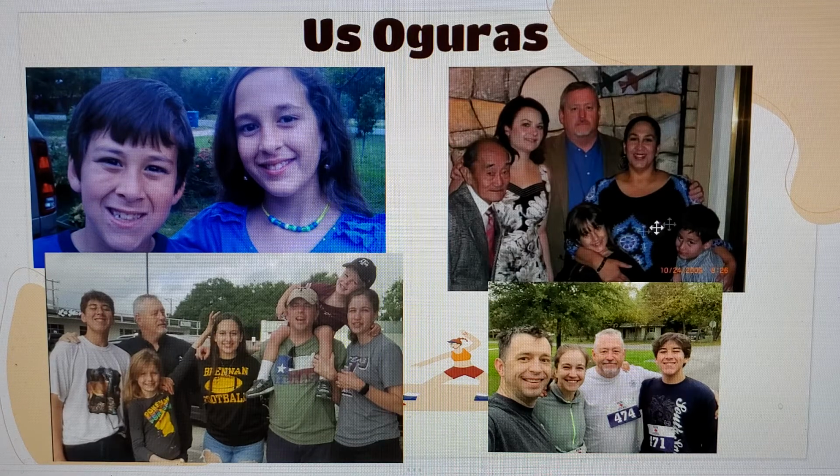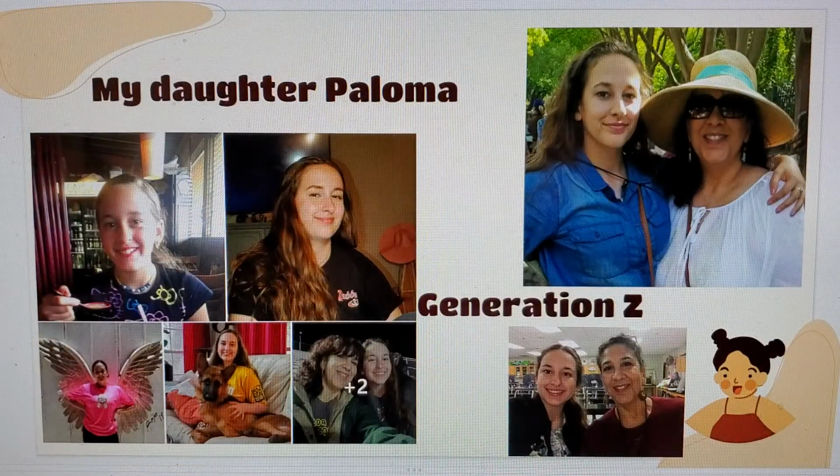And then again, this is my kids when they were younger. And this whole Japanese man is actually my husband's dad. So you can tell me if you think he looks Japanese at all. So here's my daughter Paloma, and again, she's Generation Z. I don't know if you think she looks like me or not.